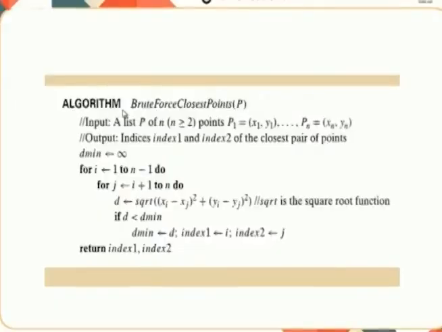You can see very well what we are going to do is conceptualize the informal algorithm as a formal algorithm. You can see we are giving the keyword algorithm, and this is going to be the brute force closest point, and we are going to give a list of n points as a list P. Initially d min is going to be infinity, then I am starting the loop.